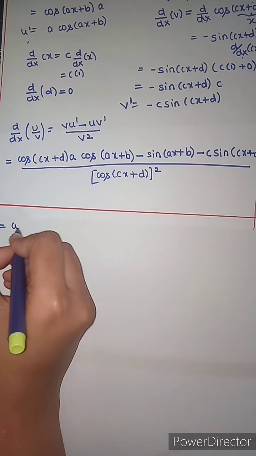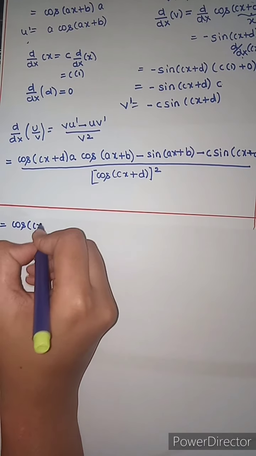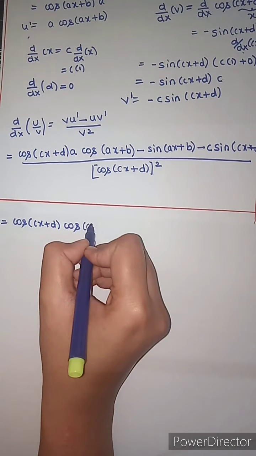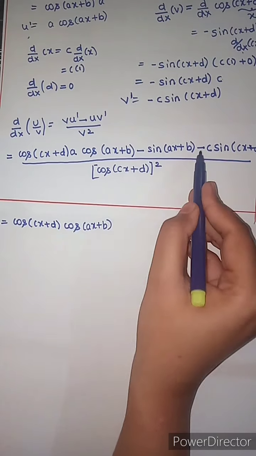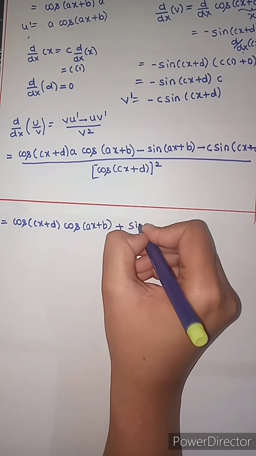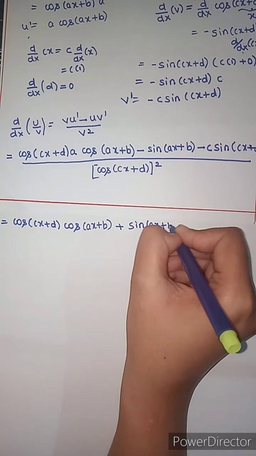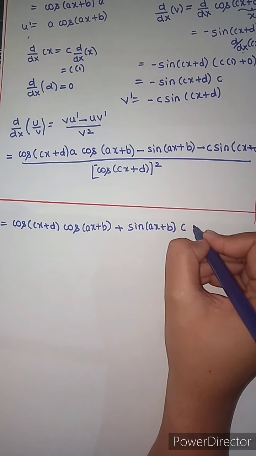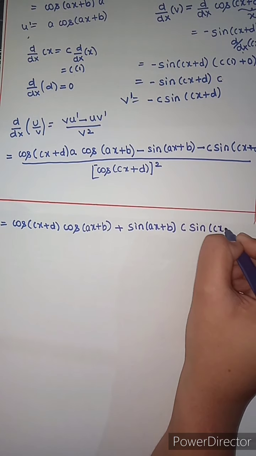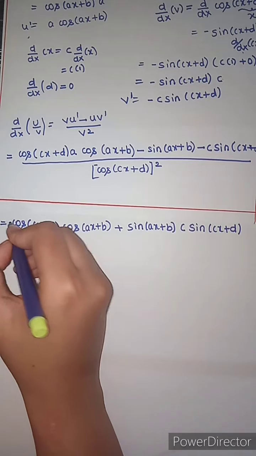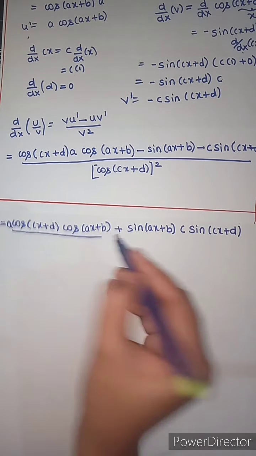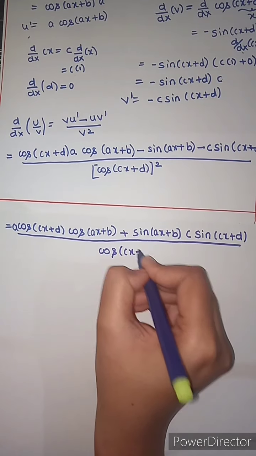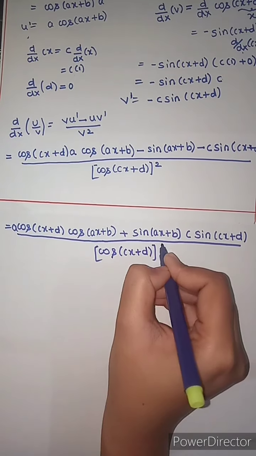Now cos of cx plus d into a cos of ax plus b, minus into minus is plus sin of ax plus b and here c sin of cx plus d, over cos of cx plus d whole square.